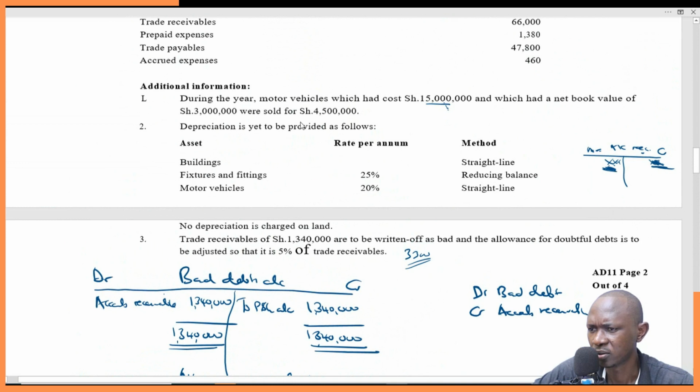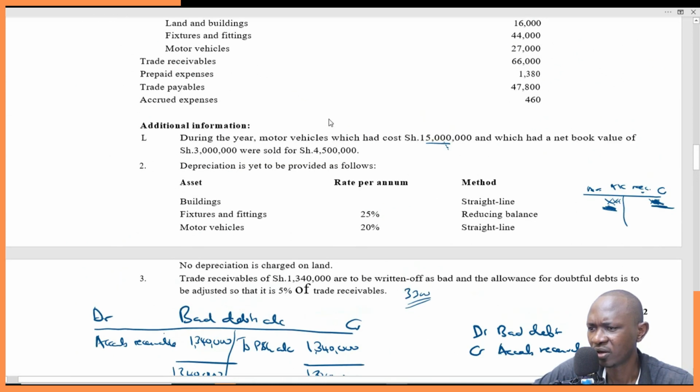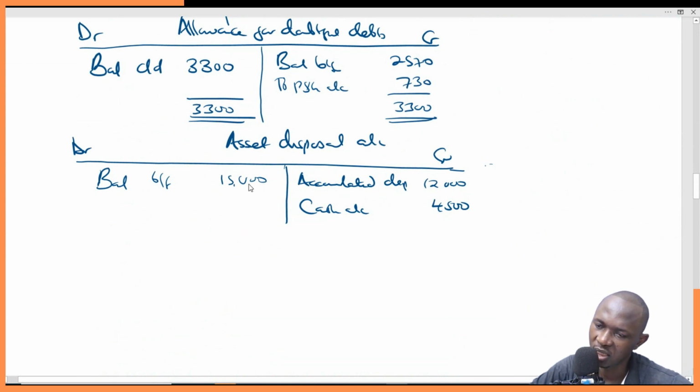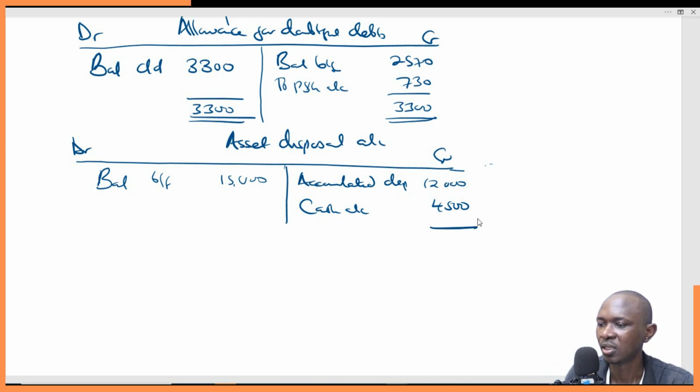It was sold for 4,500. So initially the value was 15 million. It had depreciated by 12 million. So the net book value was 3 million. And then it was sold at 4.5. So then we get the total here.